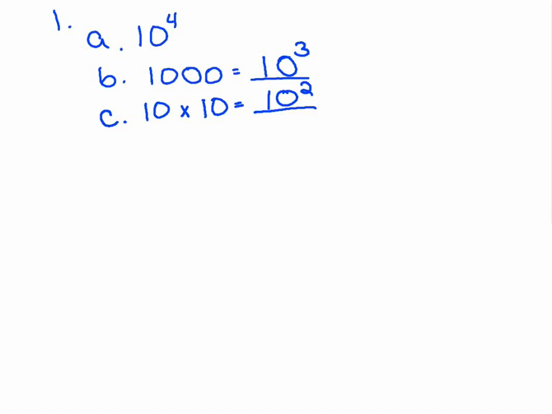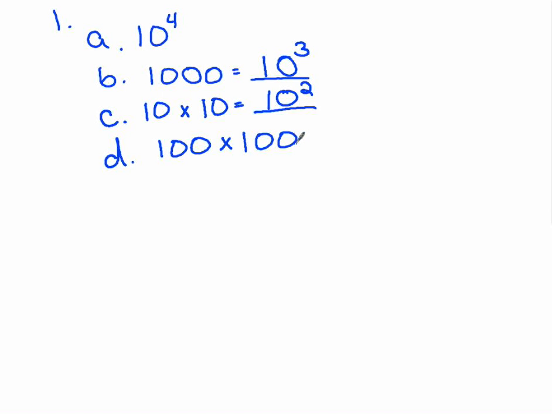Okay, D was a little bit of a challenge for some of us, because I think they're trying to trick you. Have we said anything today with 100 to the power of anything?